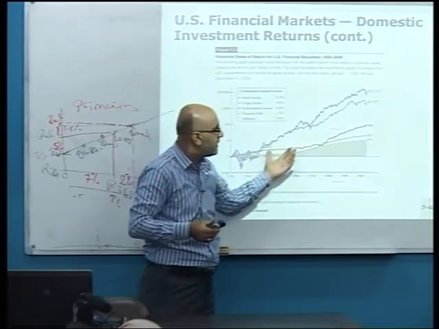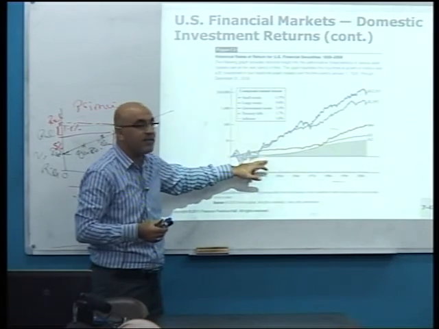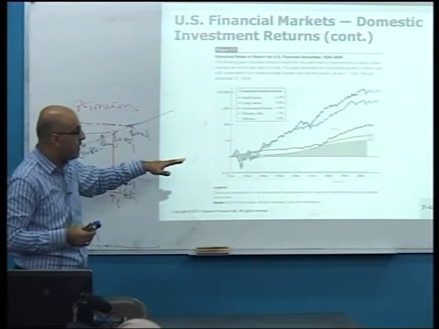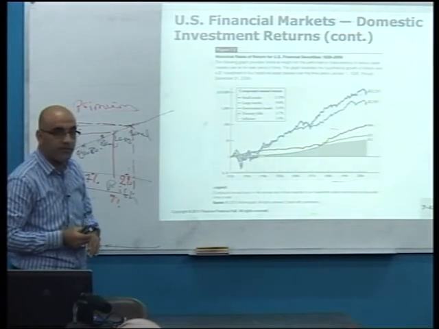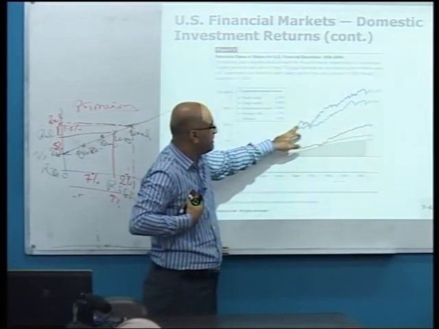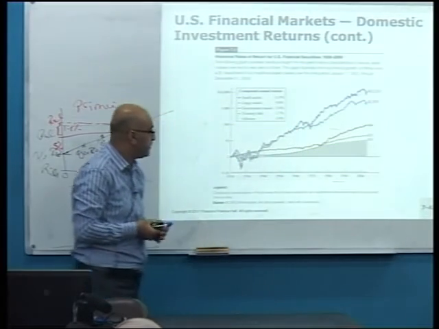What we observe in this chart is that treasury bills suggest the lowest risk. If you go up, you will see the smaller stocks suggest higher return and, at the same time, higher risk.